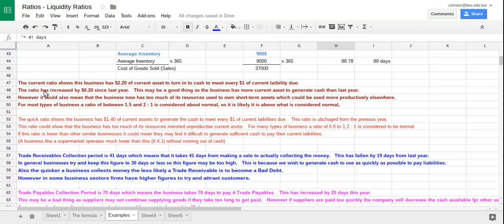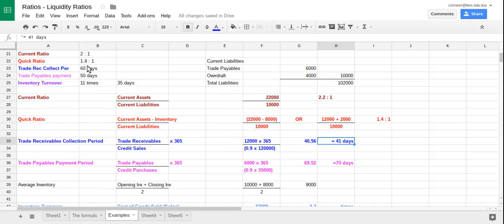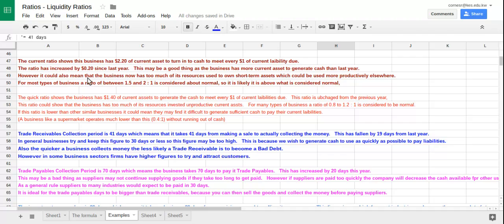This ratio has increased, so a bit like we did last time, do talk about any increases or decreases. It's increased from the previous year by 20 cents. That may be a good thing for the business, because it's got more cash that's going to be coming in to pay those liabilities. Probably in this case it isn't a good thing, because having lots of inventory or having lots of people owing you money, once you've got lots and lots of it, you'd be better off actually getting that money in.